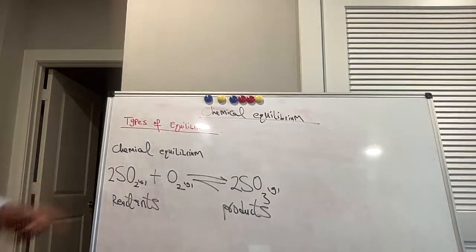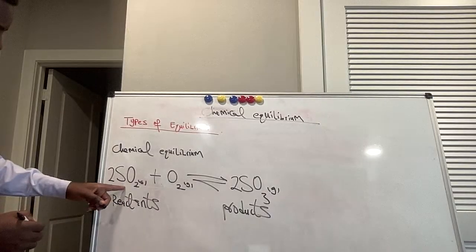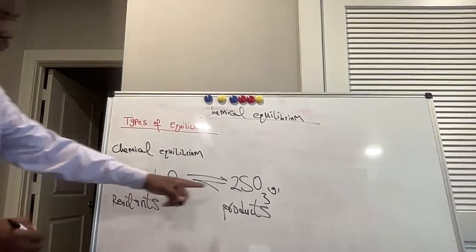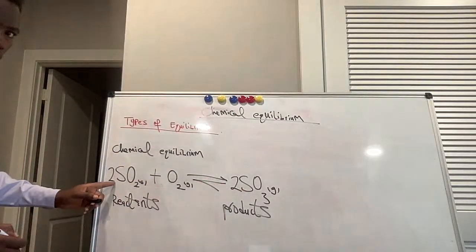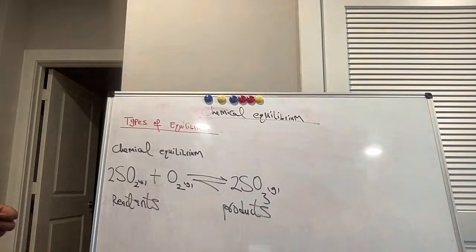So the reaction is balanced right now, because oxygen is 4 here and 6 here, and sulfur is 2 here and 2 here.